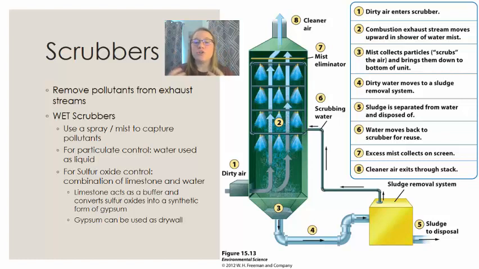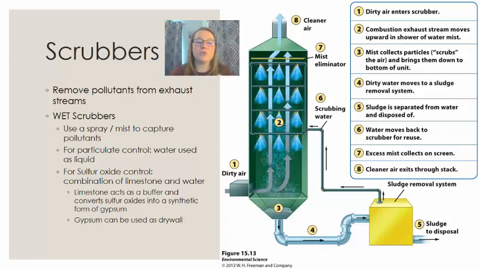A wet scrubber uses water or some type of liquid to create a mist that this exhaust has to go through. Now that mist binds with any particulates in that exhaust and causes them to be heavier than that airstream, and they will fall to the bottom and be collected where it can be treated then, and that sludge can then be sent to a land disposal, and it's not going into the atmosphere.